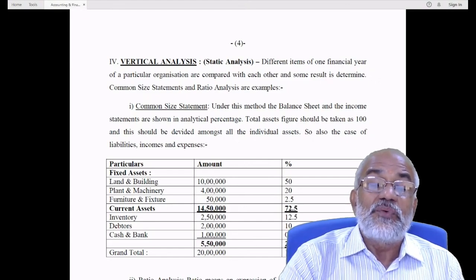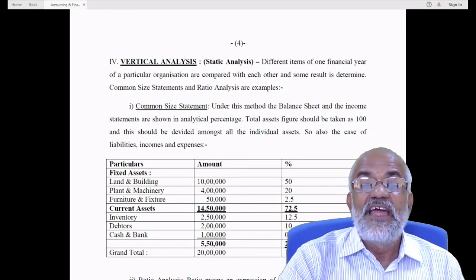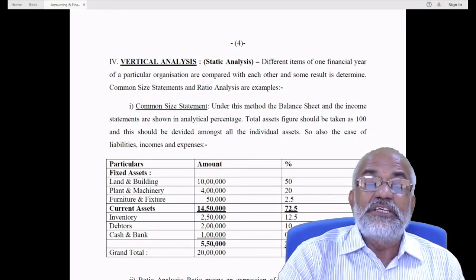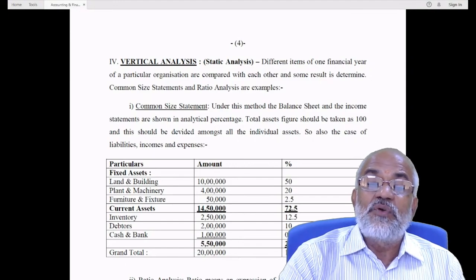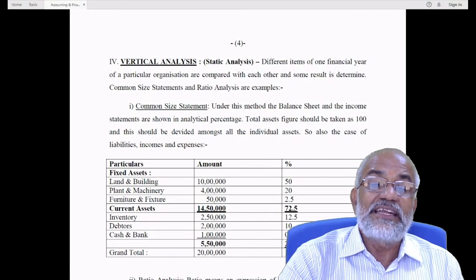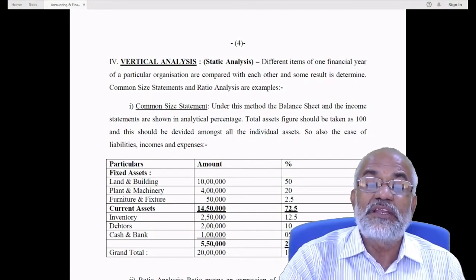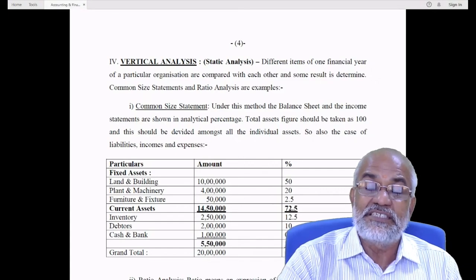And when we consider the current assets, the inventory is 2,50,000, and in comparison to the grand total of the assets, it is about 12.5%. And the debtors, which is another current asset, with the figure of 2 lakhs, is coming 10%, because the grand total of the whole of the assets is 20 lakhs.